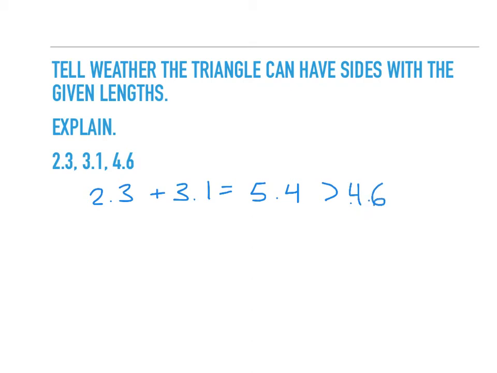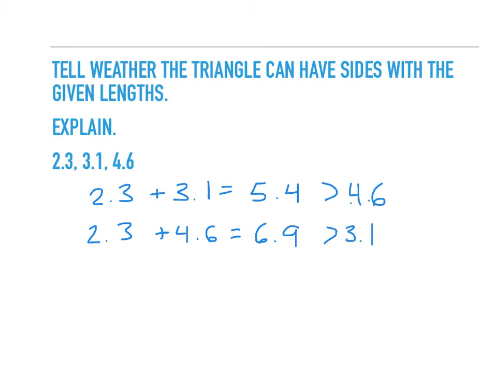Let's check our next two. So what are two other sides we can add? 2.3 plus 4.6. And what do we get? 6.9. Is that greater than our third side, 3.1? Yes.